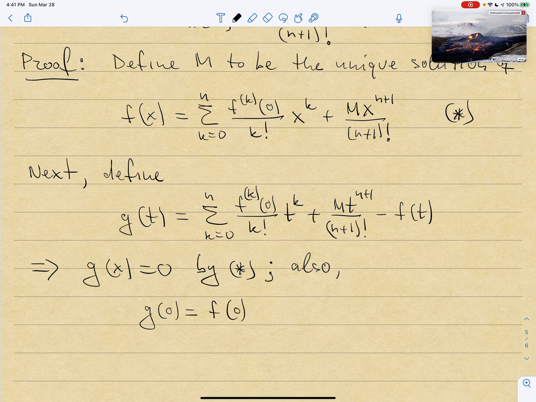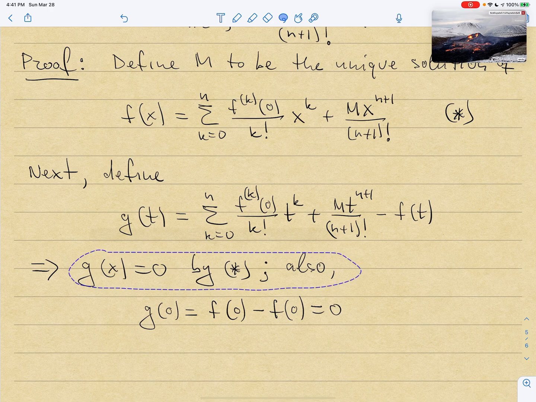And then if I plug in 0 into any other term, that term is going to have t to the power some positive number. So if I plug in 0, those guys are going to be 0. So there'll be no contribution from those. Same thing for this term, right? I have t to the n plus 1, so plug in 0. I'm going to get 0, so no contribution from that. And minus f of t, evaluated at t equal to 0, minus f of 0. So this is equal to 0, right?